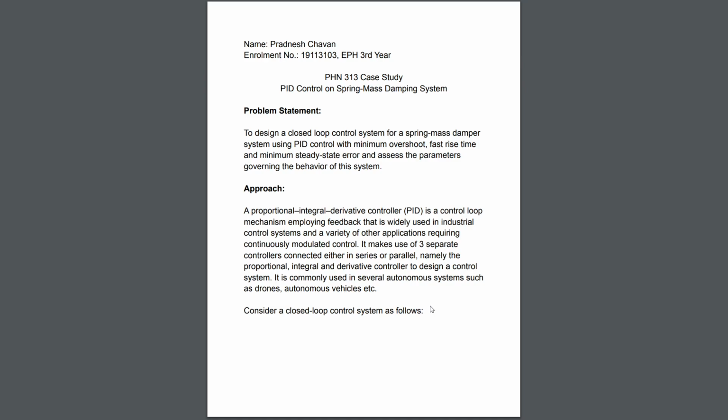Before we move on to defining what a spring mass system is, let's try to understand the mathematics behind this PID control. So consider a closed loop control system as follows. In this case, the controller is denoted as C of S, the plant is denoted as P of S, such that R is the set point.